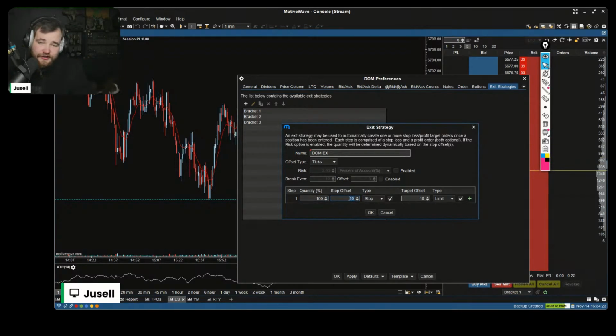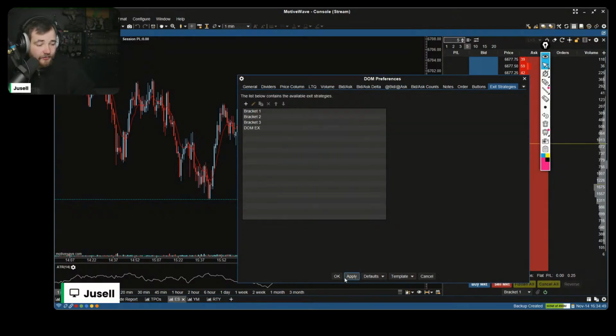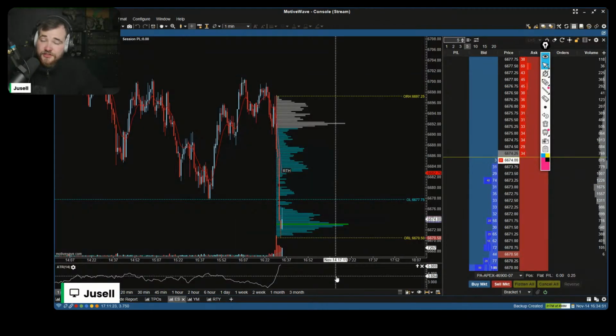This is in ticks, right? So 4 times the average true range gives us the average range of a candle. So we're gonna put it to 20, because 4 times 5 is 20, and we're gonna put the target to the same. So we have a target for 20 ticks and a stop for 20 ticks. Apply, apply. Okay. Super simple.